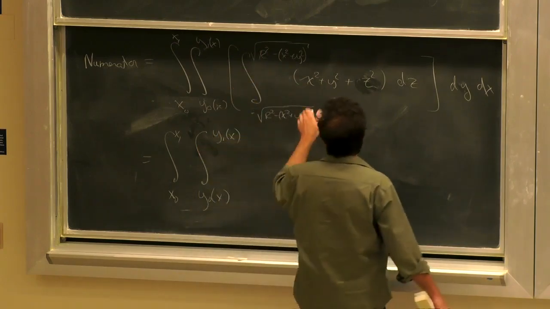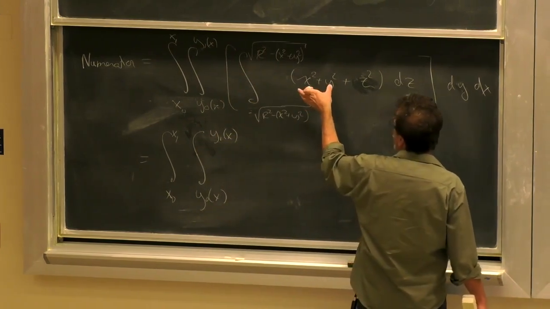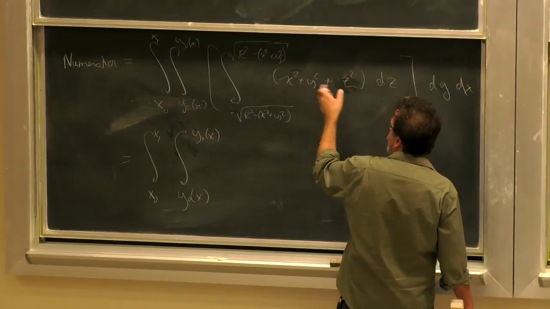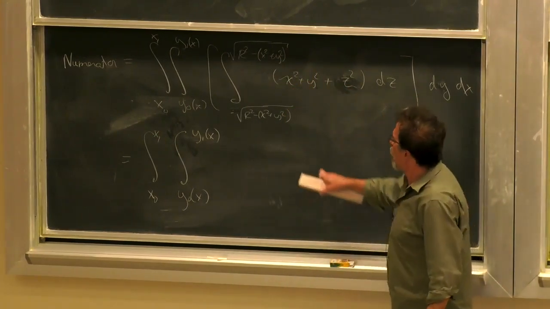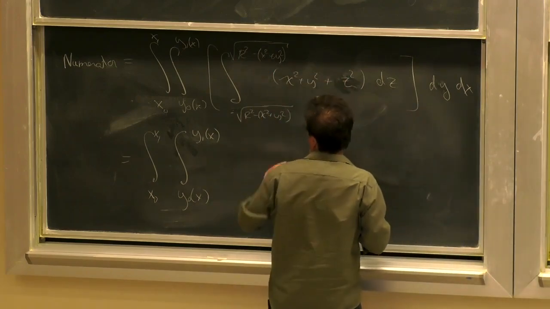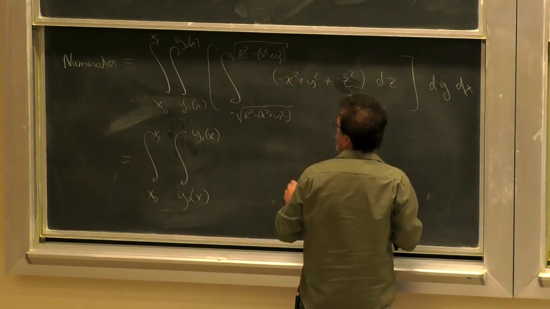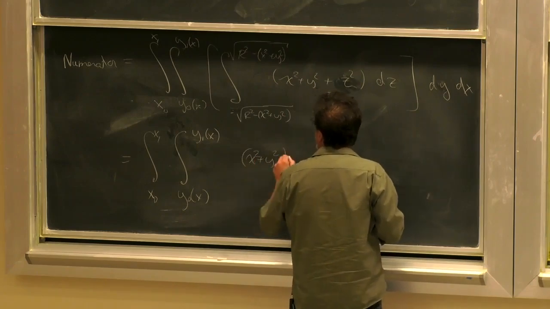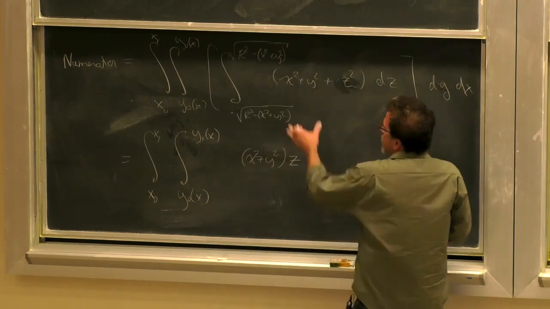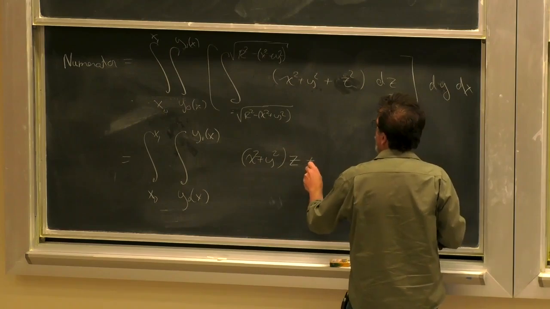So when I do this integral, this has got two parts, x squared plus y squared, and it's got z squared. When you take the antiderivative of x squared plus y squared with respect to z, you're left with x squared plus y squared times z, because this is constant. And of course, when you integrate z squared, you're going to get z cubed over 3.